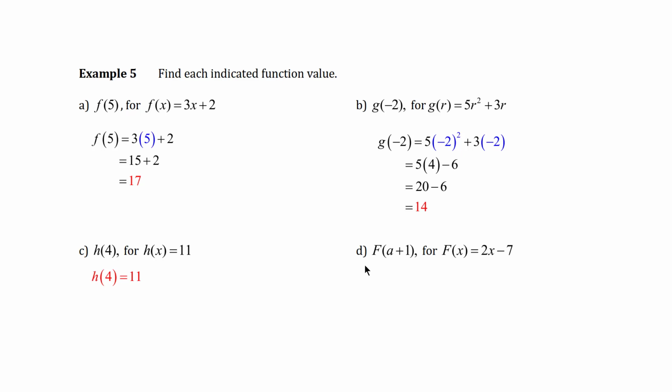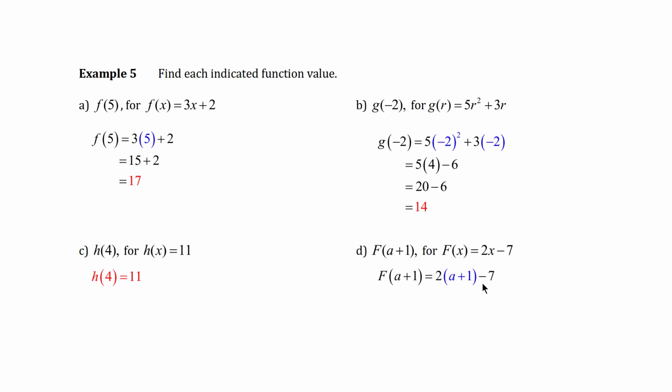For part D, we need to find capital F of a plus 1 for the function capital F of x equals 2x minus 7. So we just need to substitute in a plus 1 in for x. Doing the substitution, we get capital F of a plus 1 is equal to 2 times the parentheses a plus 1 close parentheses minus 7.